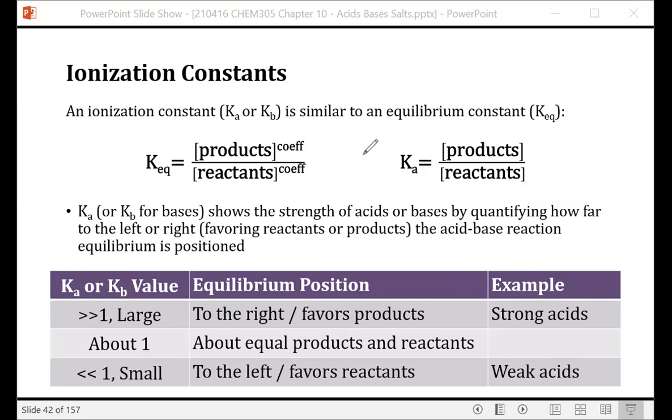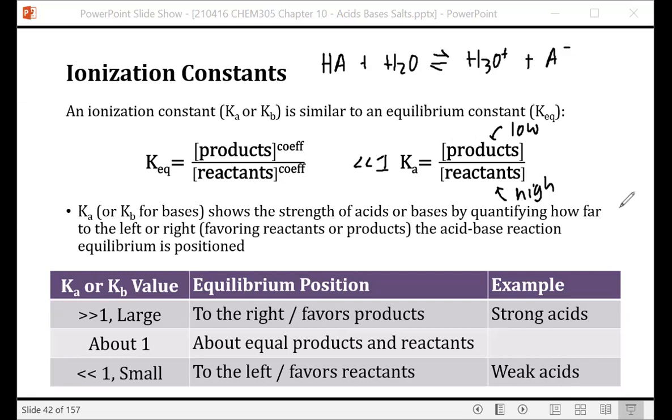If you have a Ka value that's less than 1, it means that your concentration of products is relatively low and your concentration of reactants is relatively high. So in our equation, HA plus H2O is in equilibrium with H3O+ plus A-.